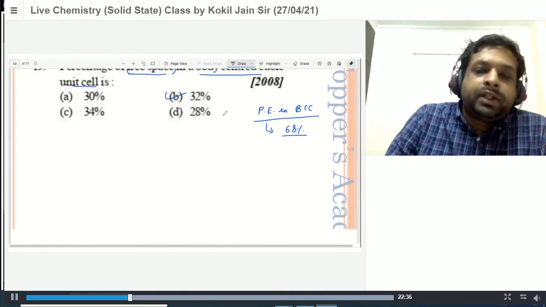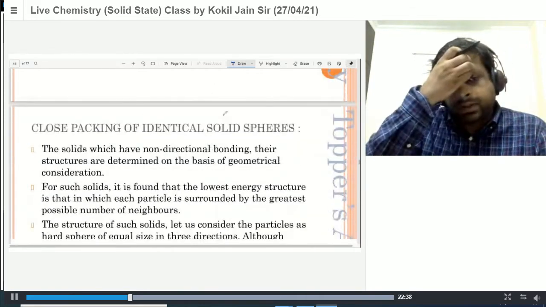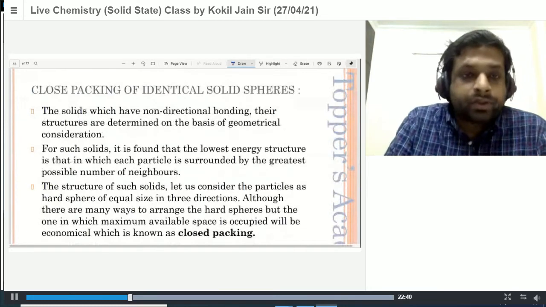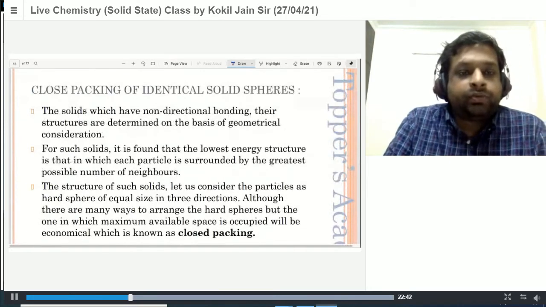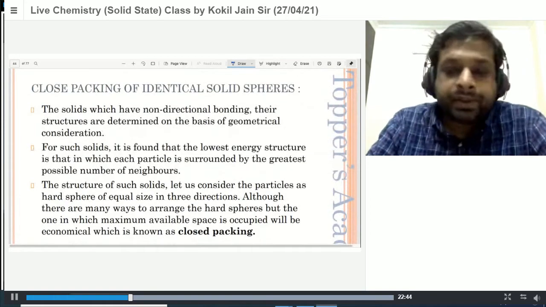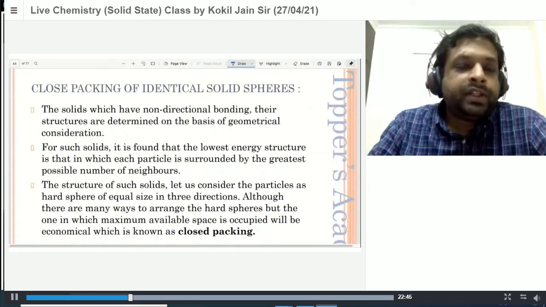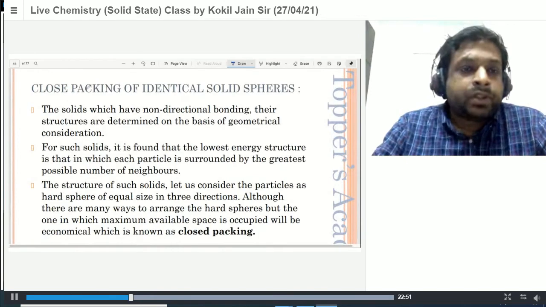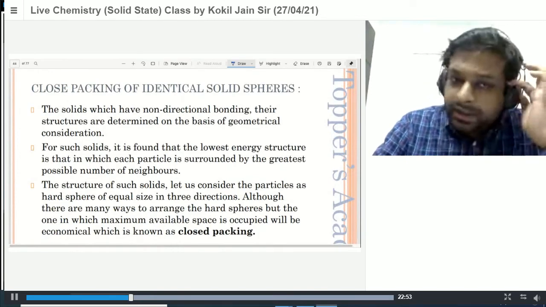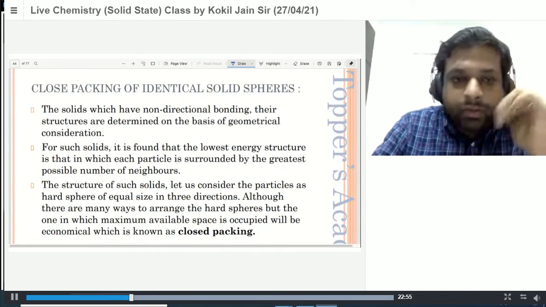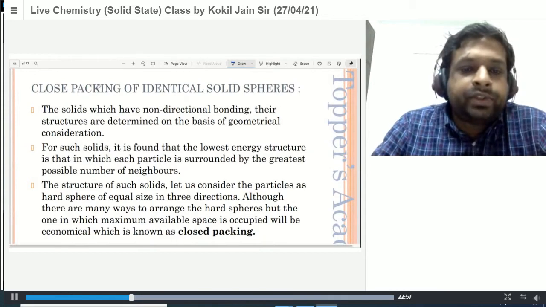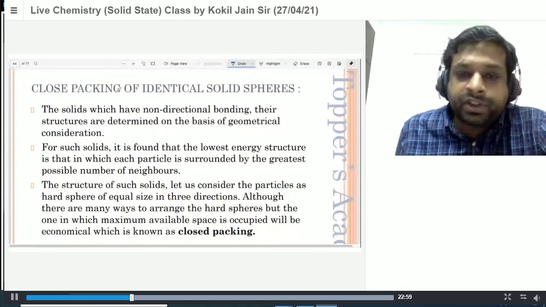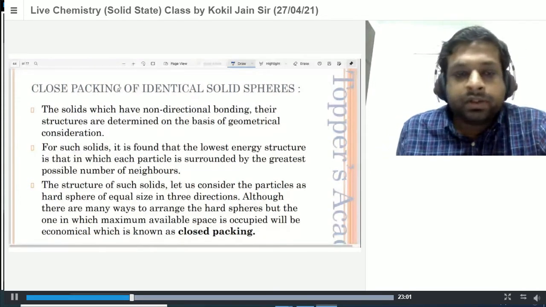Let's come to the next topic here. Till now, what we have been seeing is different types of arrangement of atoms around the lattice. Now, what happens in some of these solids which have non-directional bonding?